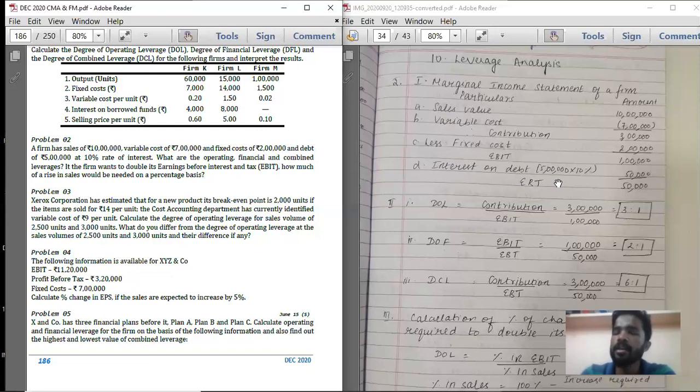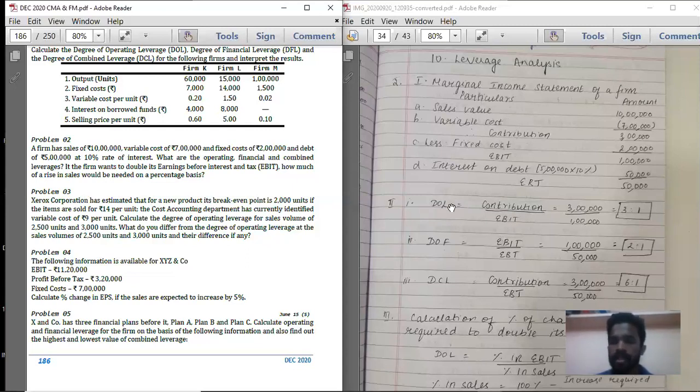What is degree of operating leverage? Contribution divided by EBIT. Degree of financial leverage, EBIT divided by EBT. And degree of combined leverage, contribution divided by EBT. That's all. Now you should substitute all three formulas. First is the operating part, next is the financial part. Degree of operating leverage is contribution divided by EBIT.